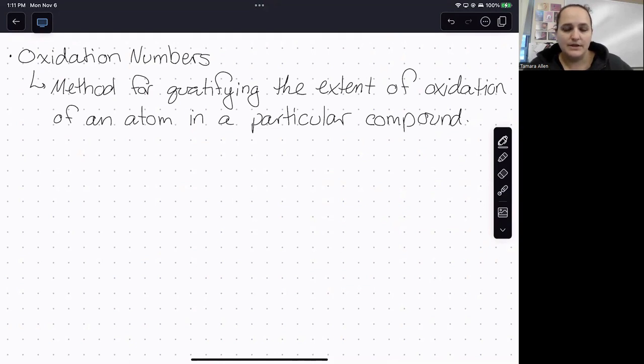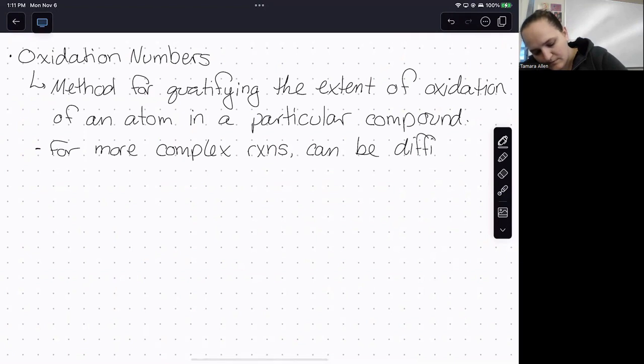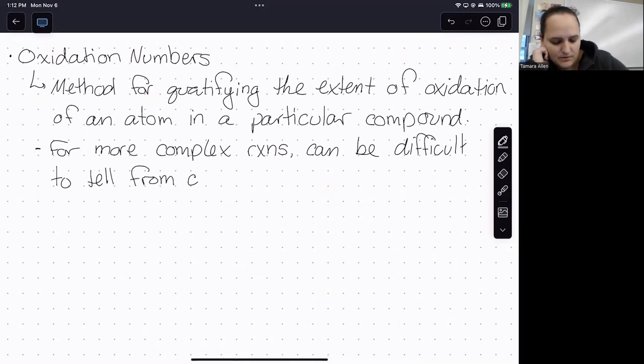So the reason why oxidation numbers are useful is that for more complex reactions, it can often be difficult to determine whether or not redox is happening just from the charge.